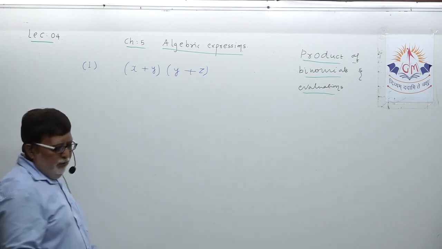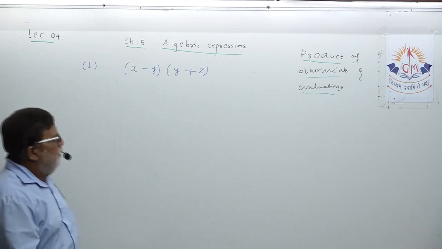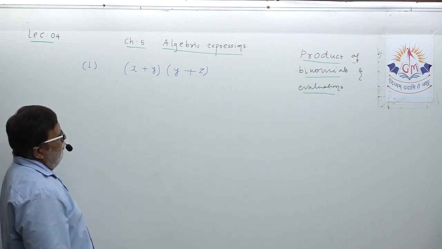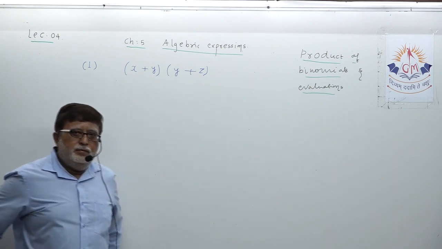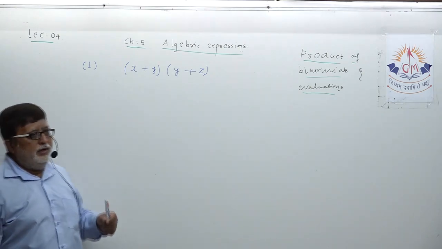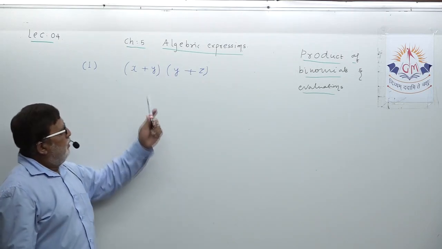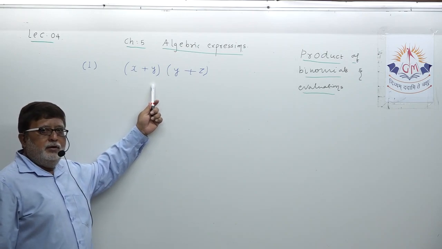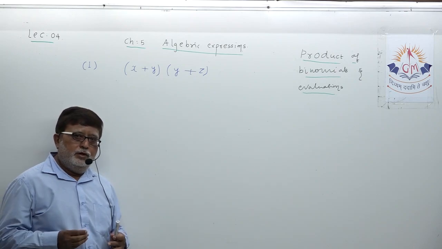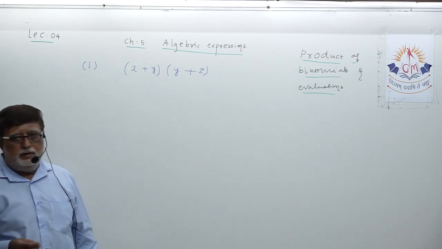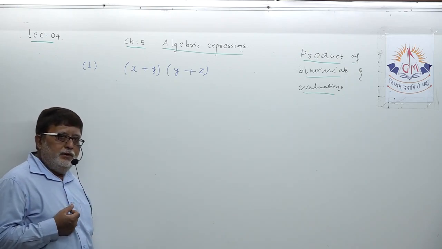You can visualize one very important thing: though the instruction may appear in the textbook as simplify, ultimately you can understand that there are two binomials to be multiplied. This is the first binomial and this is the second binomial. So here your target is to multiply two binomials.